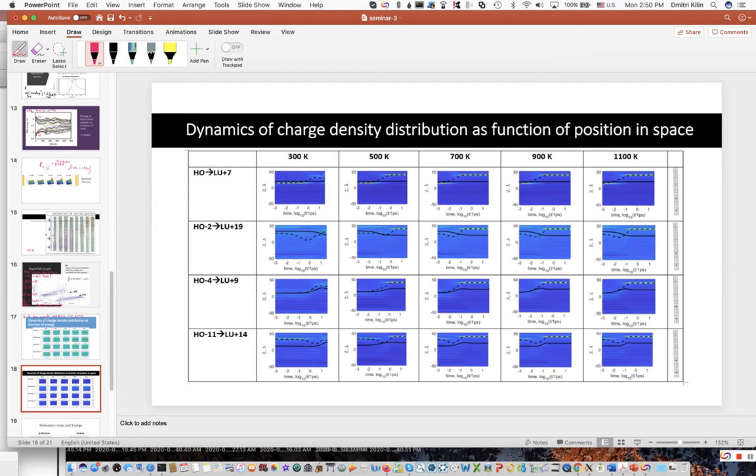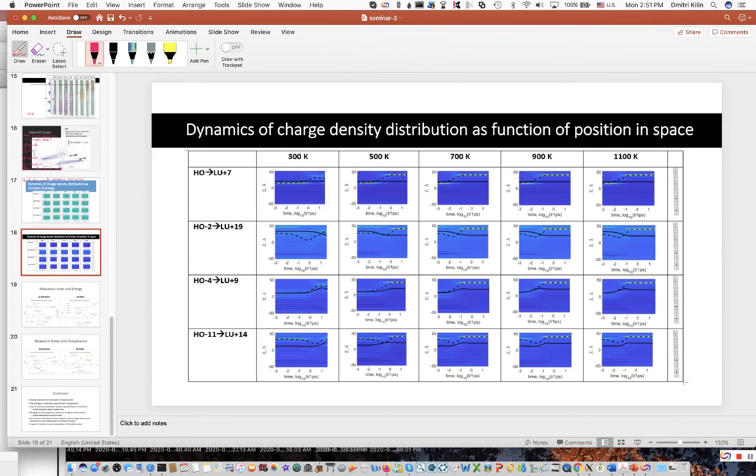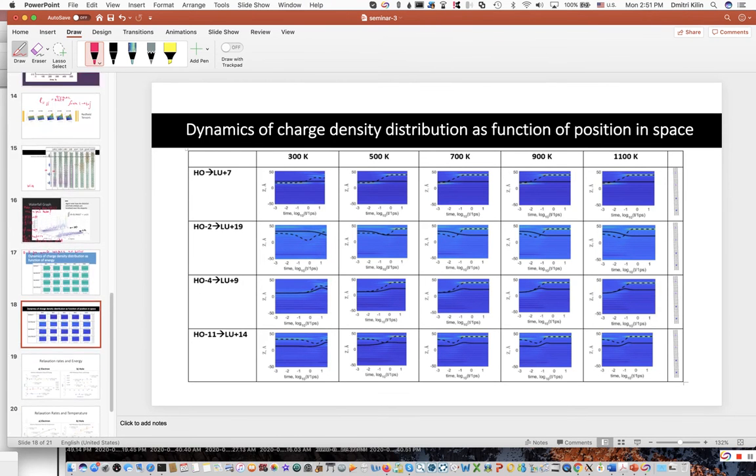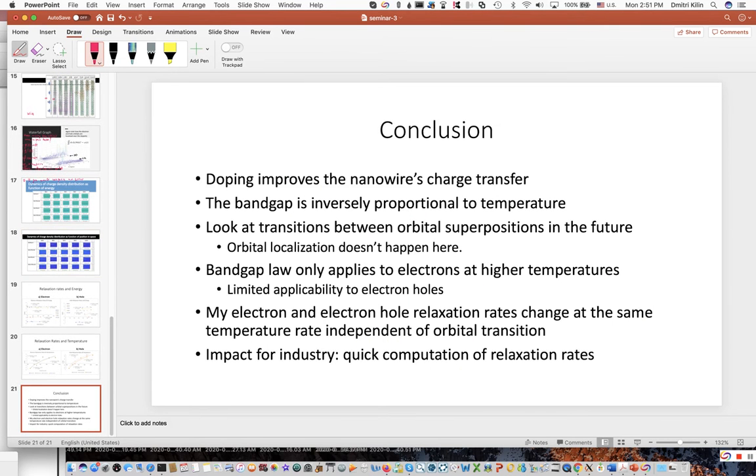We expect the majority of charge transfer to be localized around iodine. Another thing to note is that at higher temperatures, the magnitude of charge transfer substantially increases. For instance, at 300 Kelvin, the magnitude of charge transfer is very small, but at higher temperatures, it substantially increases. Those are the most important findings to note here.